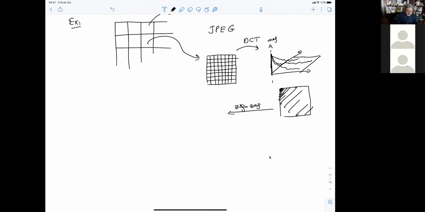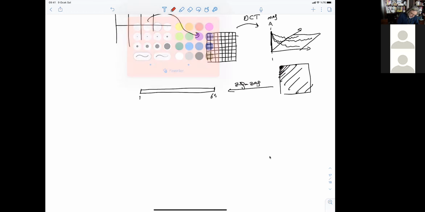This ordering essentially makes the 8x8 two-dimensional discrete cosine transform output into a 1 times 64 one-dimensional signal, starting from the top left corner here and rendering in the zigzag order. The zigzag ordering is actually something like this.